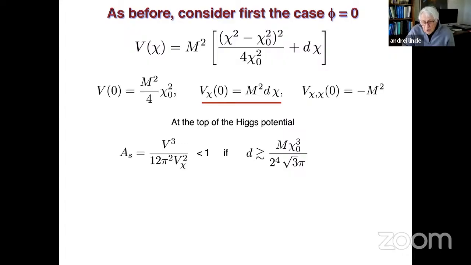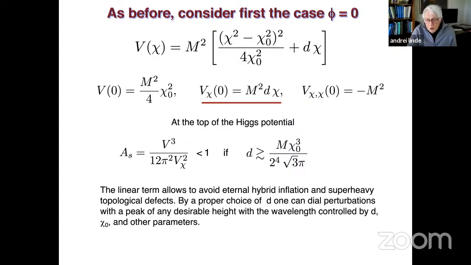And it is sufficient to take this d very small, like 6 orders of magnitude smaller than other parameters of the model, to achieve the desirable goal. So it is possible that even at the top of the potential, your amplitude of fluctuations becomes smaller than 1. How much smaller than 1? Depending on the choice of this additional term d.